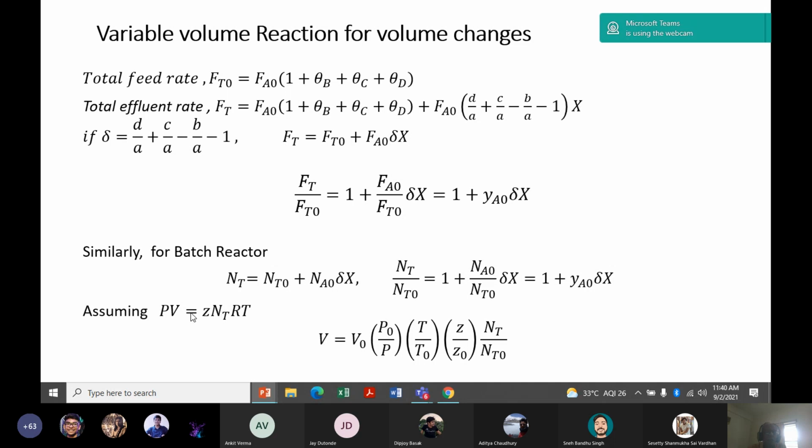N is number of mole, Z is the compressibility factor of the real gas. So this ideal gas law is also applicable for real gas system by multiplying with Z, compressibility factor.